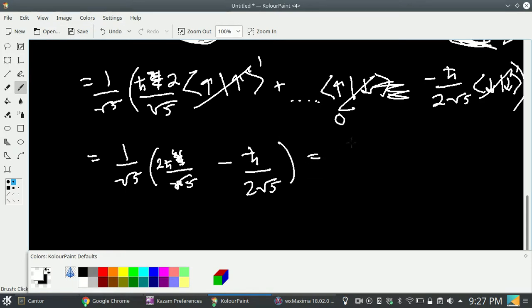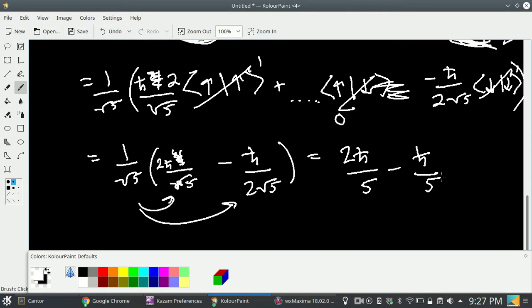So now I have 1 over root 5 times, actually I'm tired of the radicals, so I'm going to distribute right now. So this is going to be 2h bar over 5 minus h bar over 5. Oh, no, there's a 2 here.